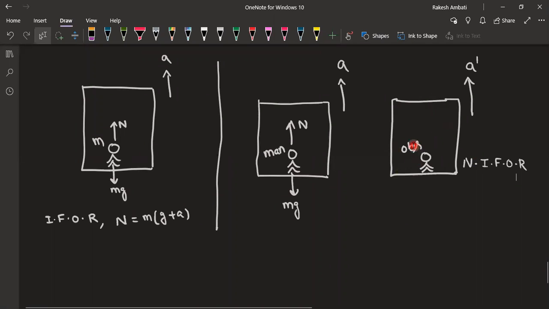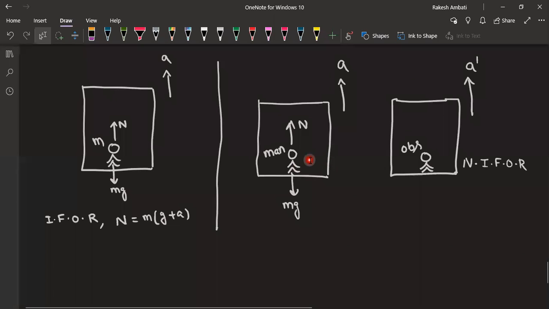So here the observer frame is a non-inertial frame, moving upwards with acceleration a dash. Now the observer is in a non-inertial frame. In a non-inertial frame, along with real forces, we also have to consider a pseudo force. What is the direction of pseudo force?